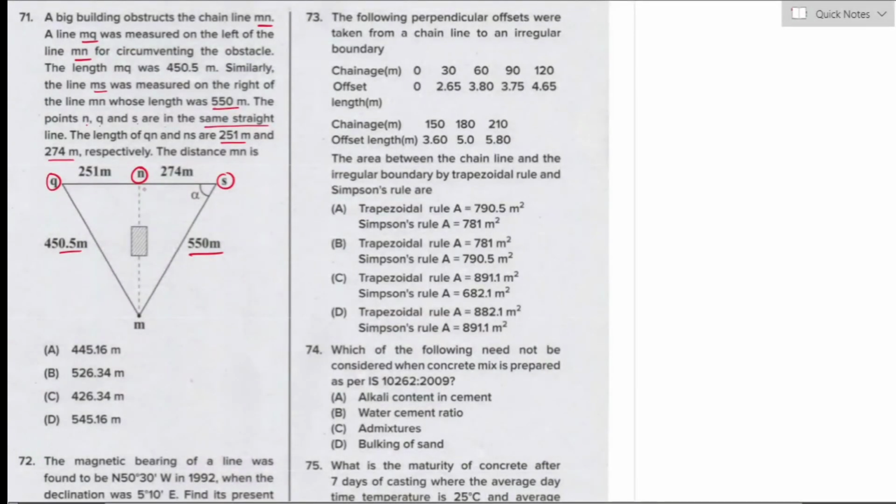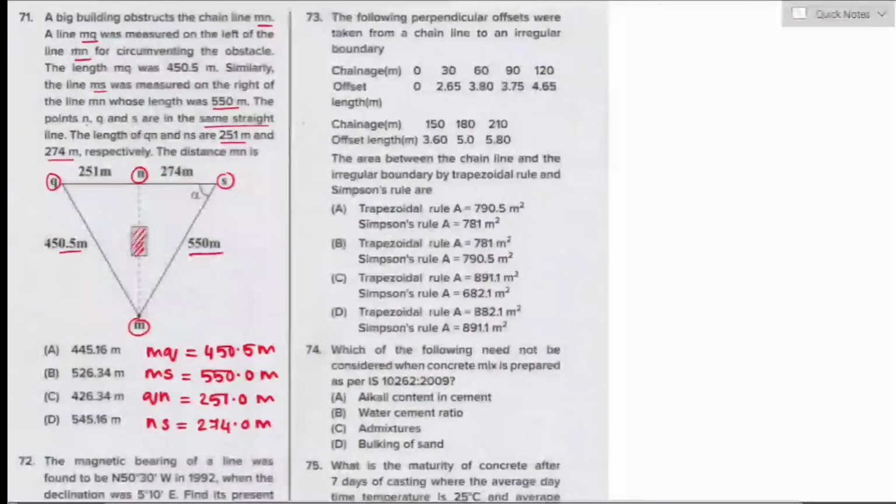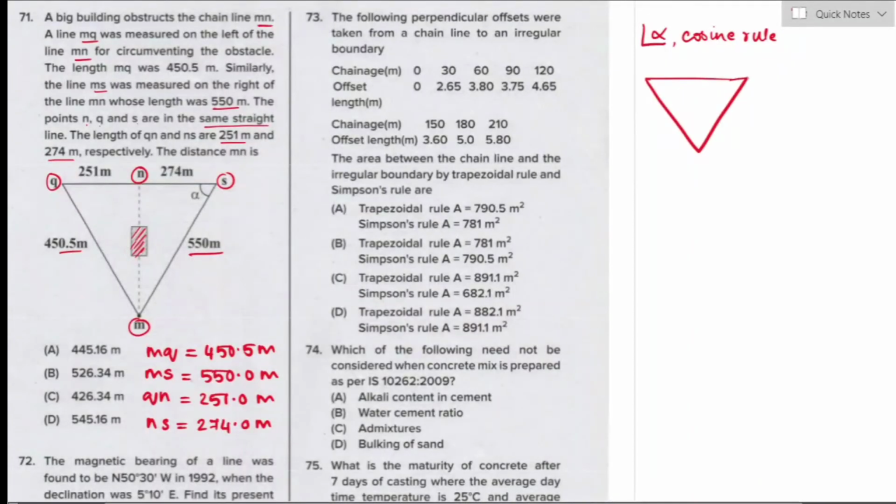The distance MN. So we have to find the distance between M and N, where there is an obstruction in between the line MN. So let's first write down the given segment lengths in meter. First we have to find the angle alpha. So let's find out the angle alpha by applying the cosine rule. Consider triangle MQS to find the angle alpha.